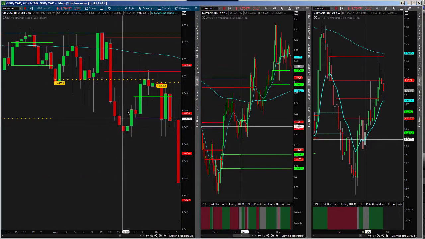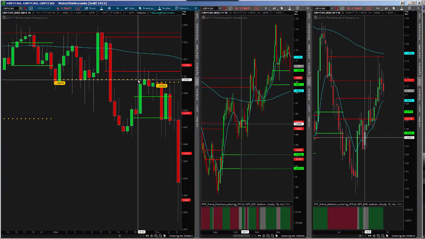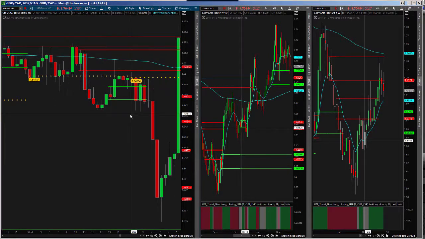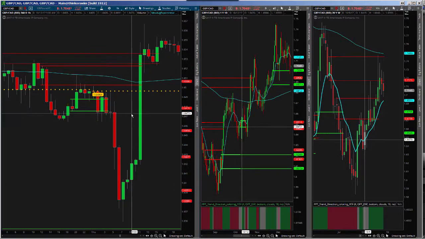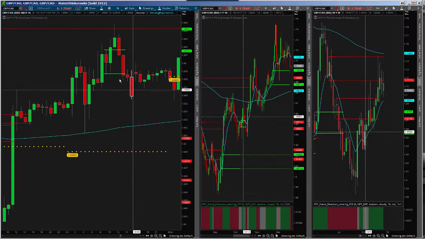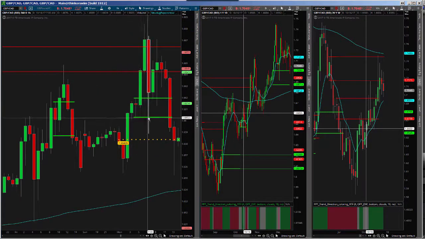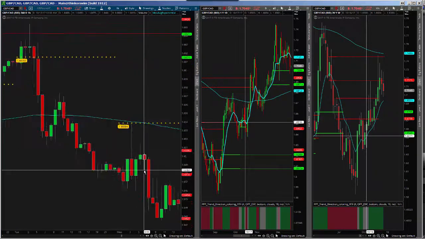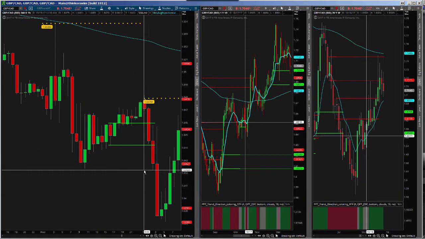Those are some tough ones. The one I did last night was a pound pair, and it was a very similar deal, just really choppy. Not a lot of opportunities.